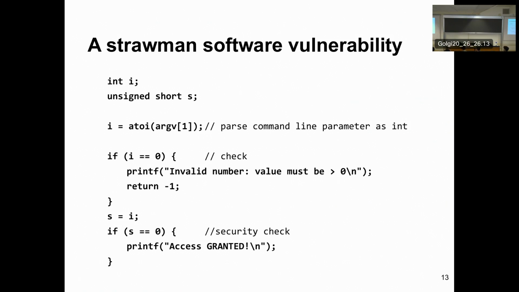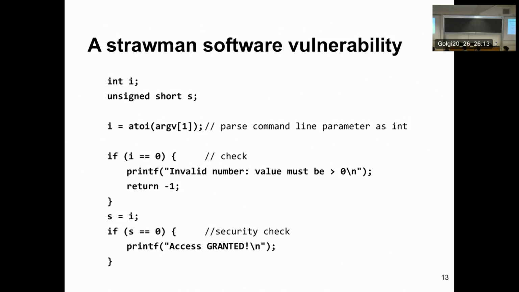Which means that I'm taking the two's complement representation of i, or, to be very picky, since C11 it could be ones' complement, snip it in half, if short here is 16 bits, and fit it in.